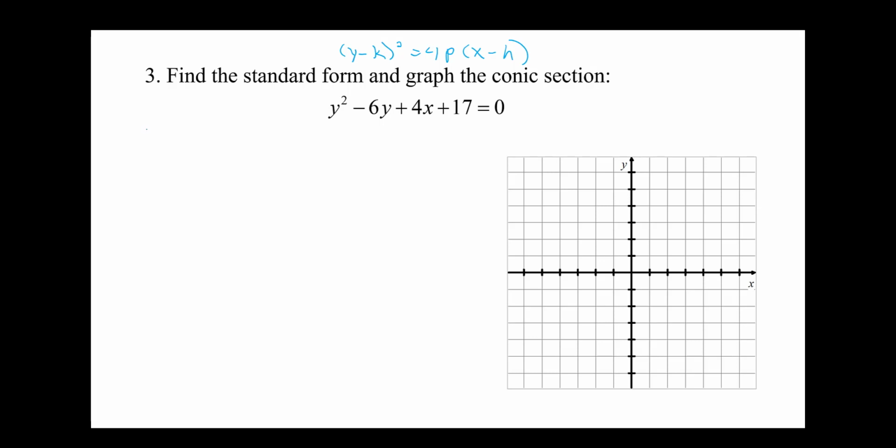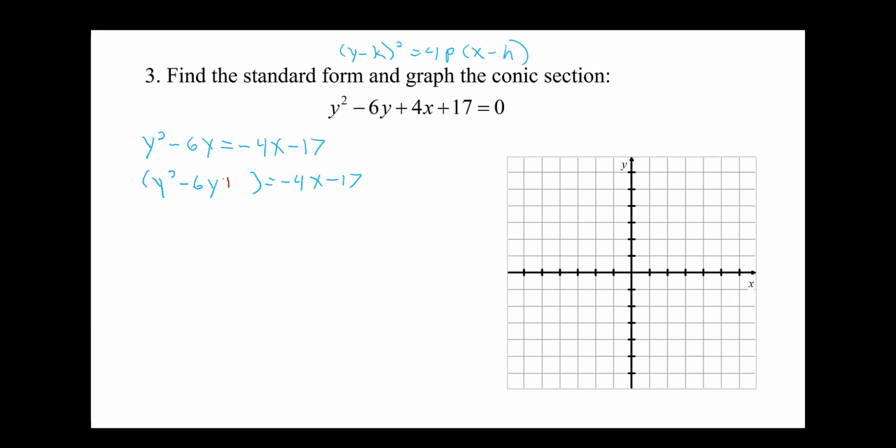So let's start by getting the y's on the left side of our equation. y squared minus 6y equals everything else on the right, negative 4x minus 17. And we'll complete the square on the y's. So y squared minus 6y. What number do we need to add to the y's there? It looks like if we take half of negative 6, we get negative 3.